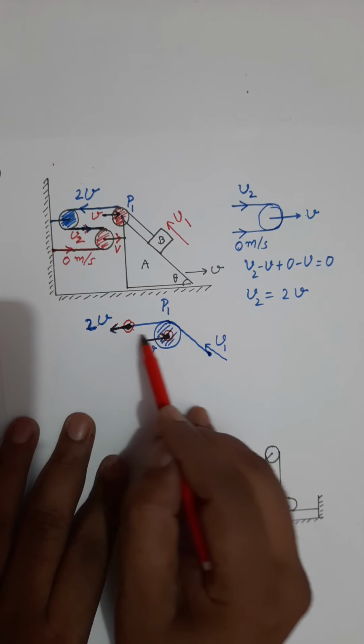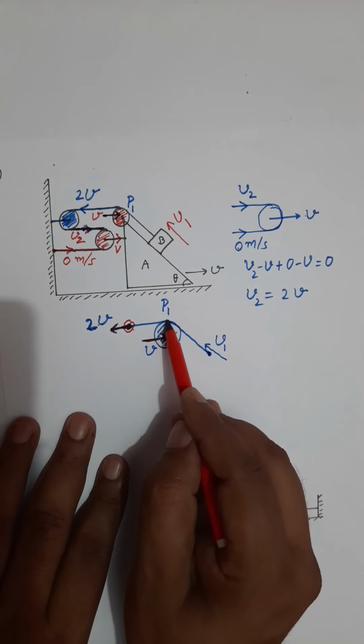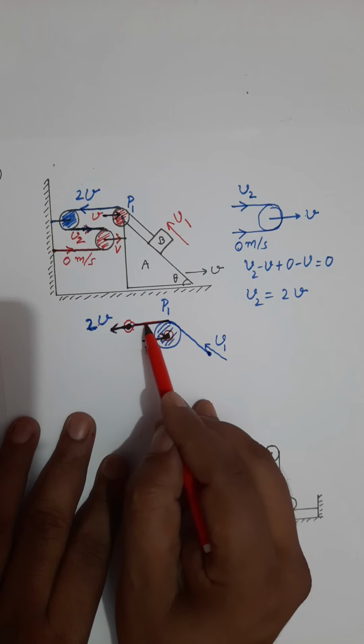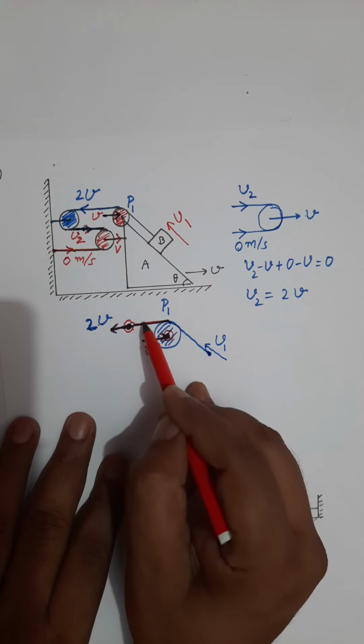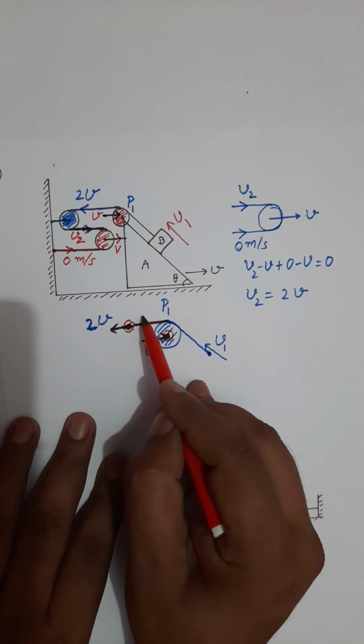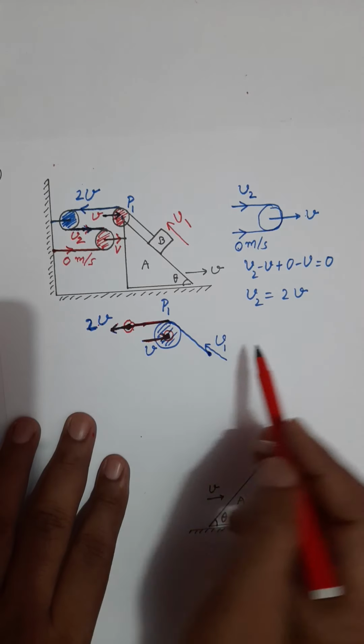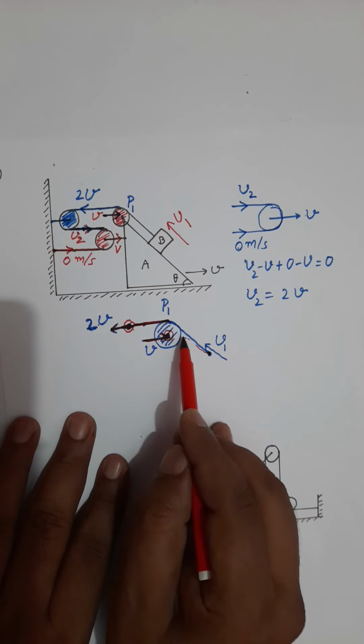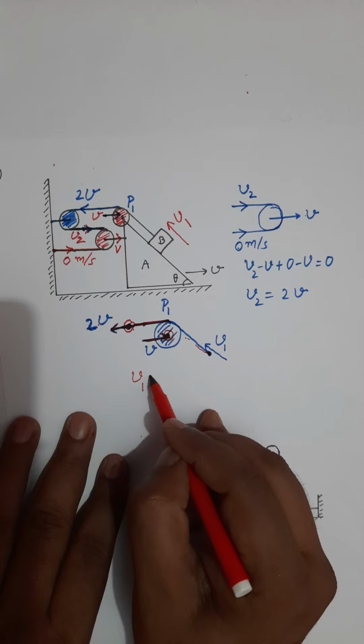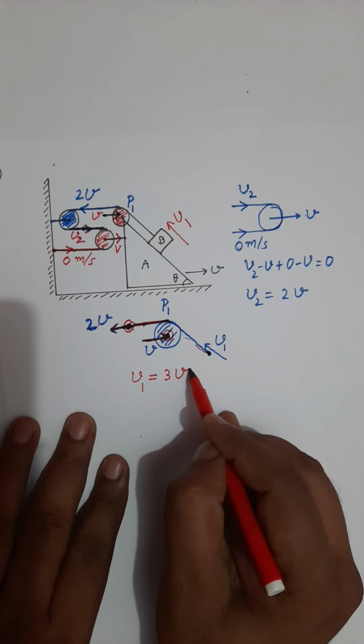One is going to the left side, the other is going to the right side. So this portion of string will increase at a rate of 3v, and if one side increases at the rate of 3v, the other side must decrease at the rate of 3v, and therefore v1 must be 3 times v.